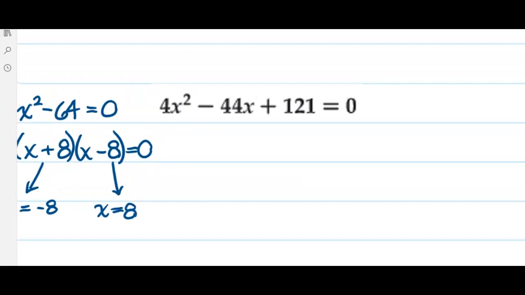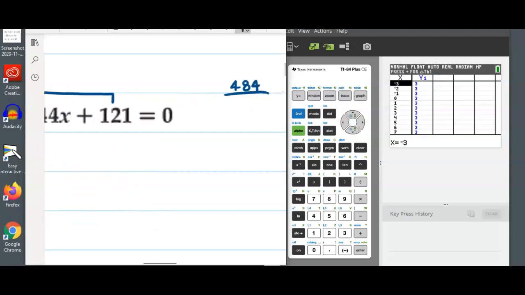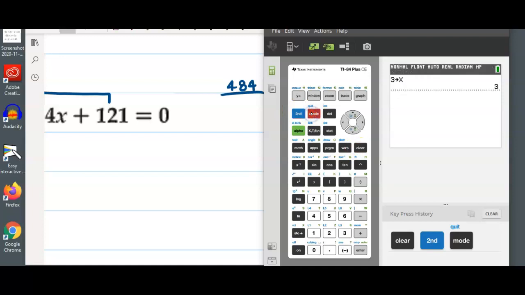Finally, sometimes we are going to have a leading coefficient other than 1. So here we would need to be finding factors of 484 that multiply to give me negative 44. Since 484 is such a large number, let's go ahead and use our calculator to help us find the factors of 484.